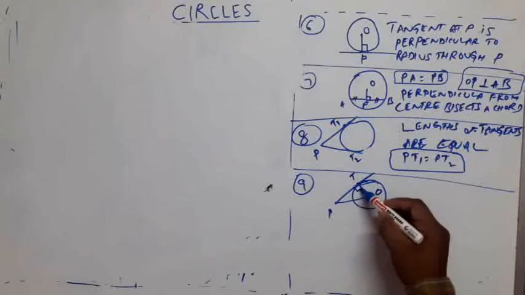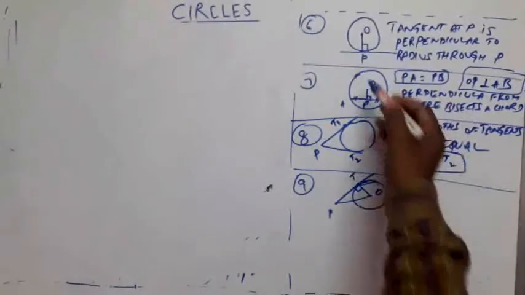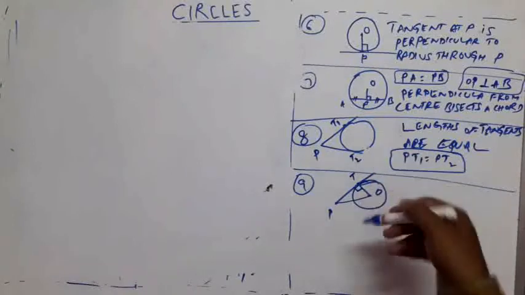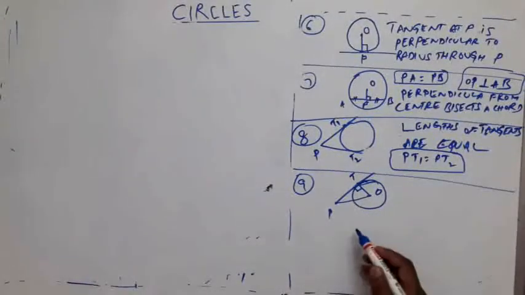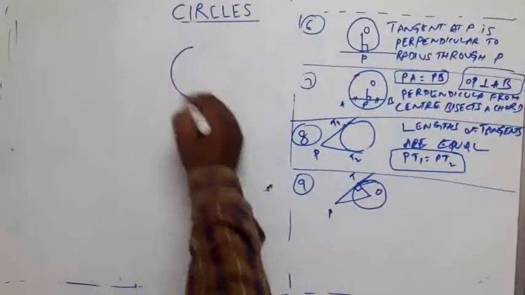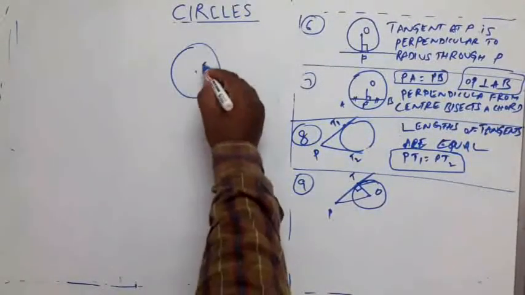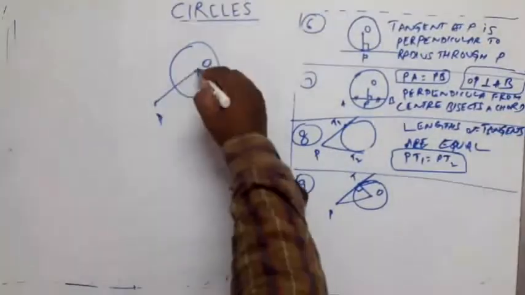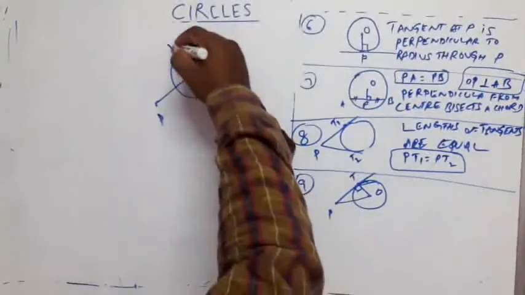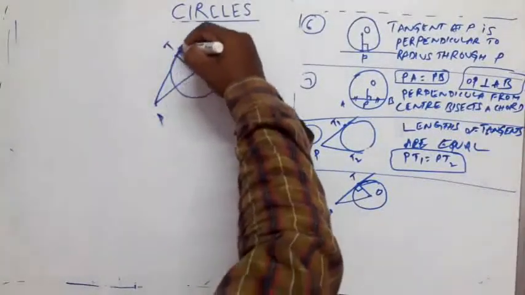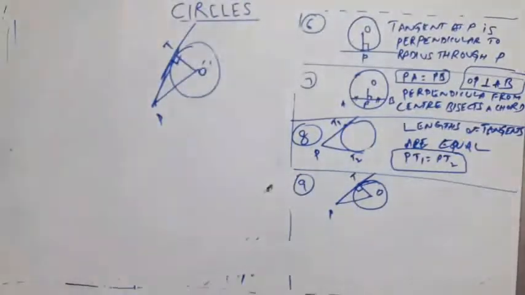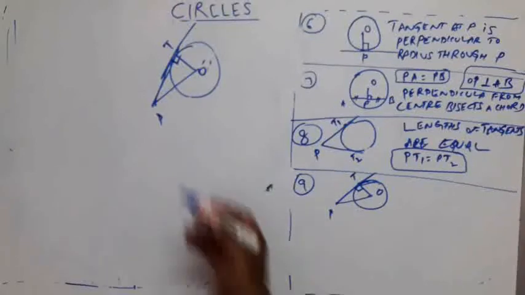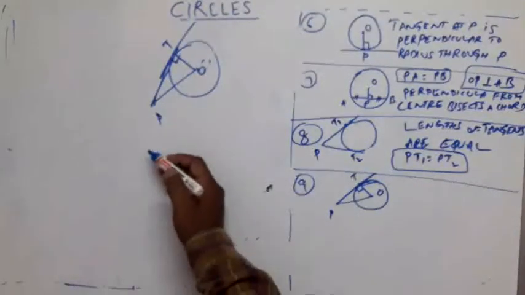What is this angle? 90 degrees. We have seen, right? In all cases, we are using this principle, the first one, very useful one, right? So what I have seen here is this. This is O, this is P, this is T, this is tangent. 90 degrees, right? Here clearly we have used the Pythagoras theorem.